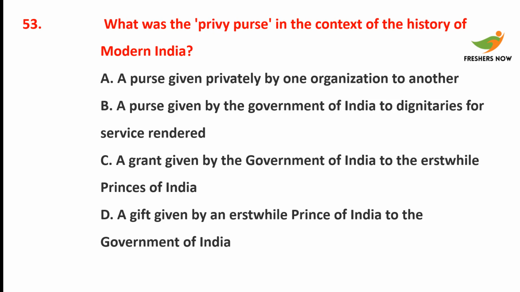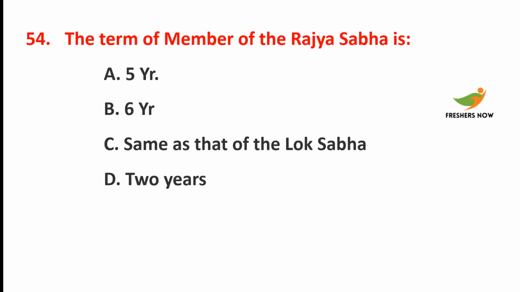What was the privy purse in the context of the history of modern India? And the answer is C. 54th question. The term of member of the Rajya Sabha is, and the answer is B, 6 years.